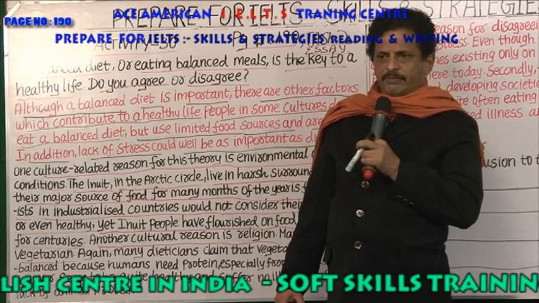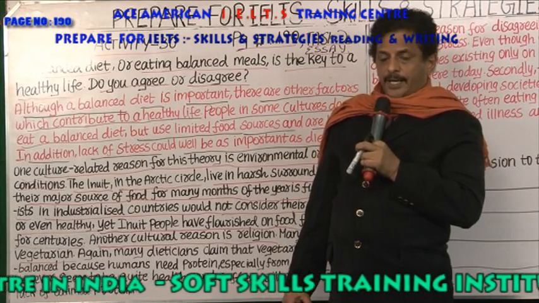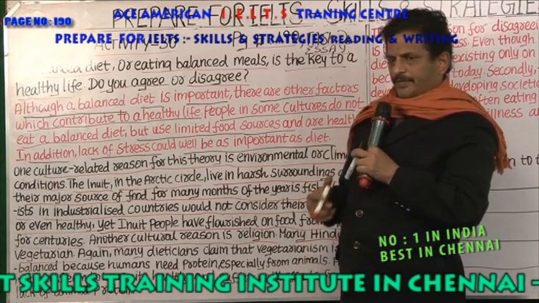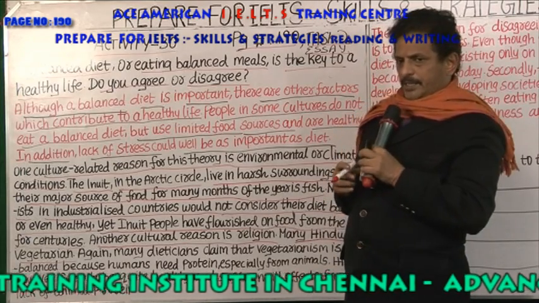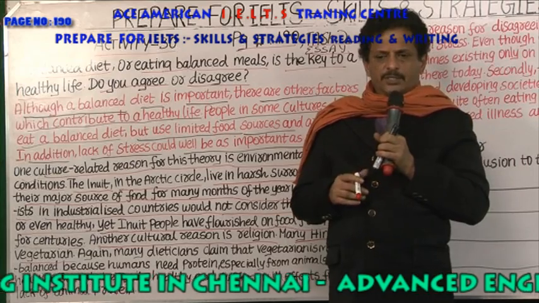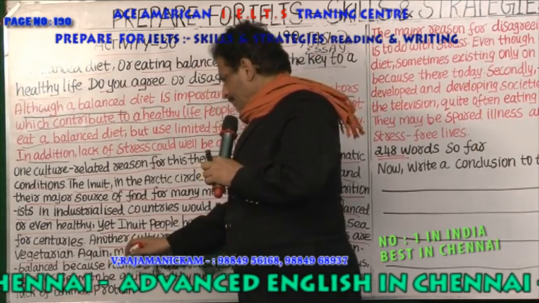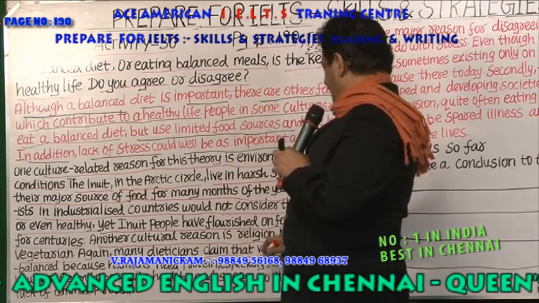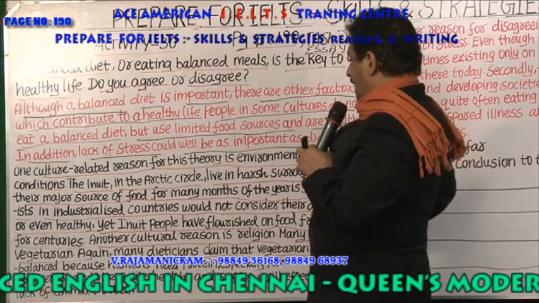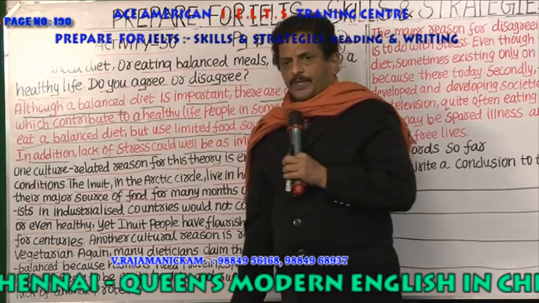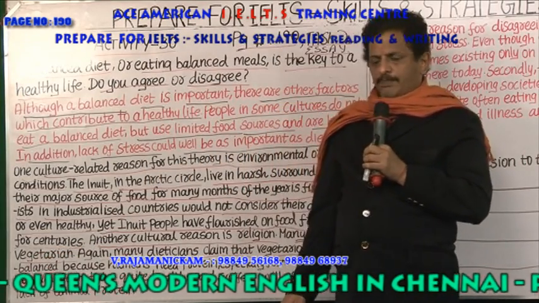Brahmins, Nairs, and various community people, they don't eat non-vegetarian. They are vegetarians. So eating non-vegetarian is considered to be an evil practice here. Again, many dietitians claim that vegetarianism is unbalanced.